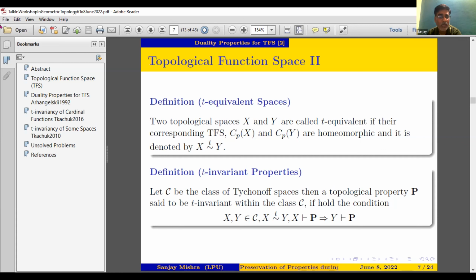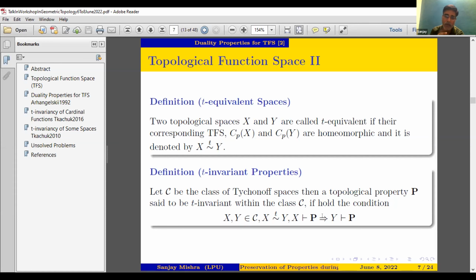Let C be a class of Tychonoff spaces. Then a topological property P is said to be t-invariant within the class C if the following holds: if X and Y belong to C, meaning X and Y are Tychonoff spaces, and X is t-equivalent to Y, and X holds the property P, then this implies that Y also holds the property P. Any such topological property is called a t-invariant property.